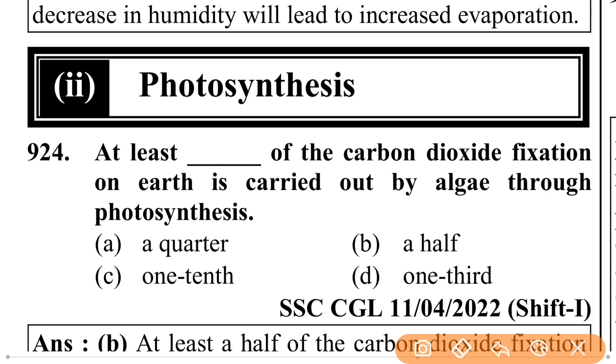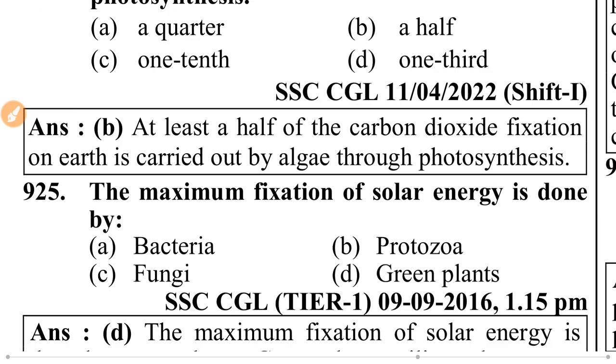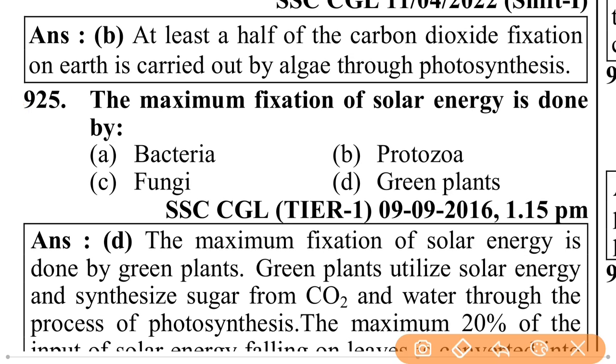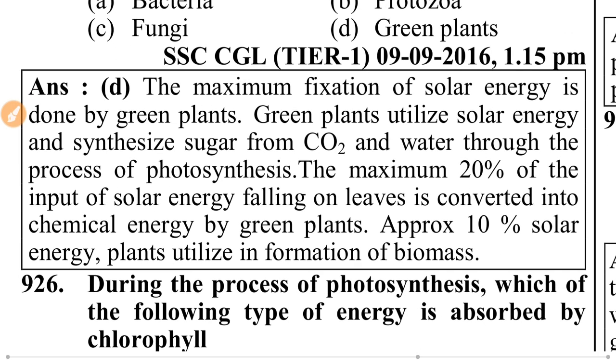Photosynthesis. At least half of the carbon dioxide fixation on earth is carried out by algae through photosynthesis. The maximum fixation of solar energy is done by green plants.